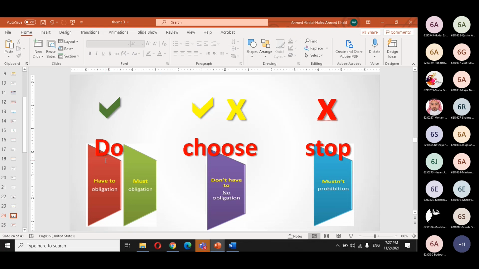Okay, look at this. If it is necessary to do something, we use have to or must. So here, what happens when the traffic light is red? It is necessary to stop. So we say you must stop.